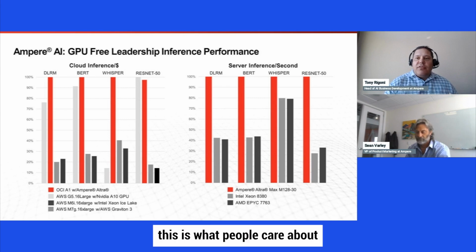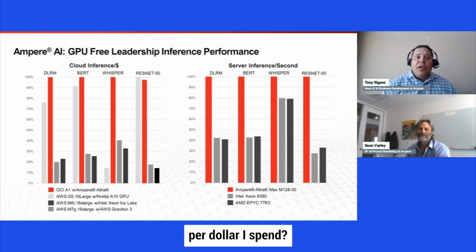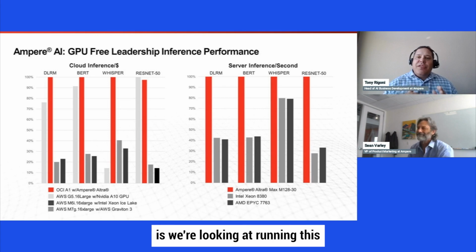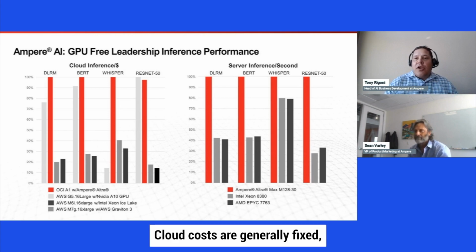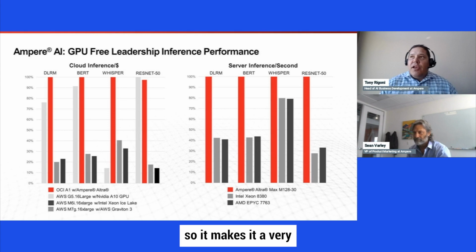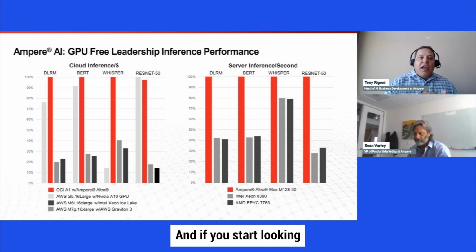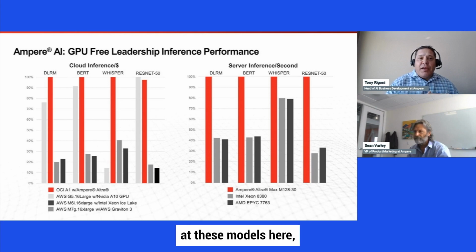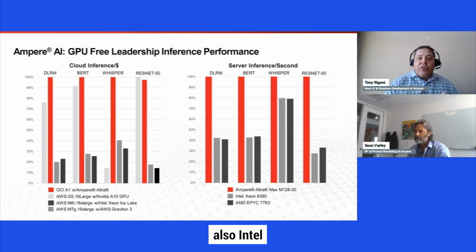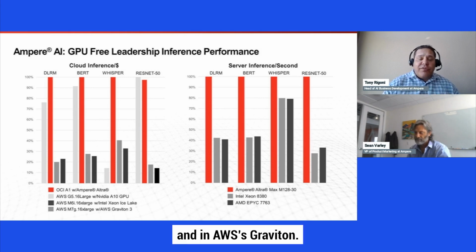On the other side, this is what people care about, which is cost: what is the performance per dollar I spend? Here we're looking at running this on top of the cloud. Cloud costs are generally fixed, so it makes it a very truthful statement about the performance we can see at the cloud layer. In this case, we're comparing against an A10 GPU, an NVIDIA GPU, as well as Intel and AWS's Graviton.